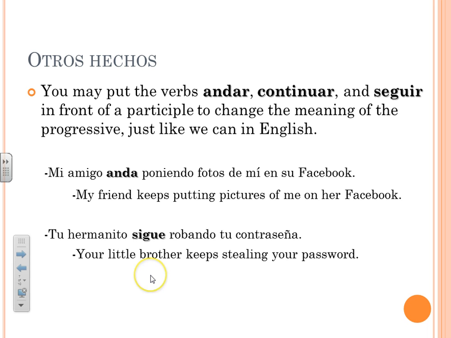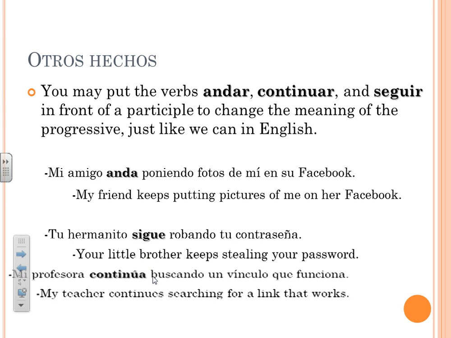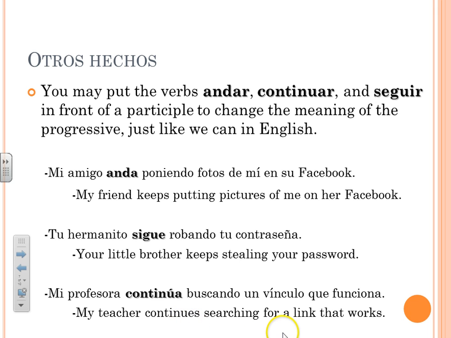Tu hermano sigue robando tu contraseña. Your little brother keeps stealing or continues stealing your password. It can be used either way. And finally, mi profesora continúa buscando un vínculo que funciona. My teacher continues searching for a link that works. So those are three other verbs that can go in front of your present progressive instead of the verb estar, just to mix it up a little bit.